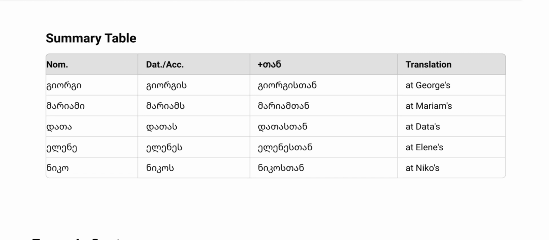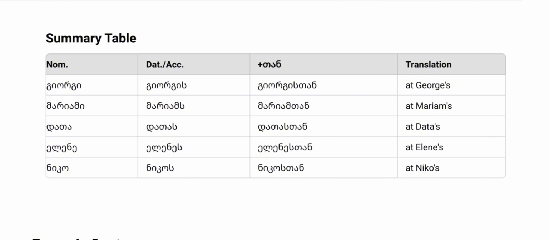Data ends with A. In dative case, it becomes Datas. And if you want to say with Data, it becomes Datastan. The name Elene, in dative case, it's Elenes. And at Elene's place, it's Elenestan.